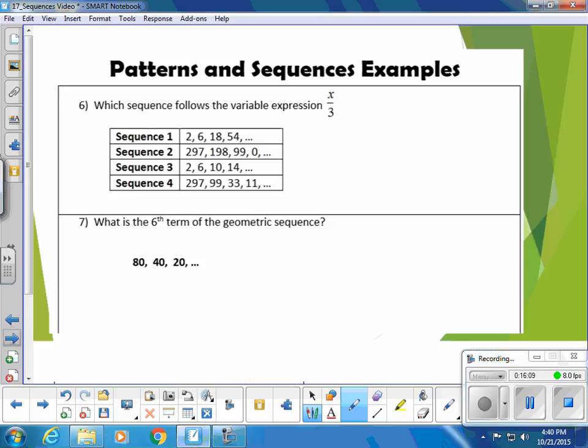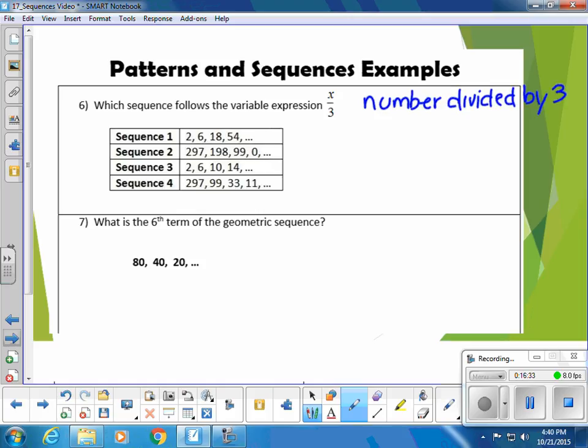Okay, so let's look at another example. So for this one, number 6, it says which sequence follows the variable expression a number x divided by 3 or multiplied by 1/3. So this is a number divided by 3.